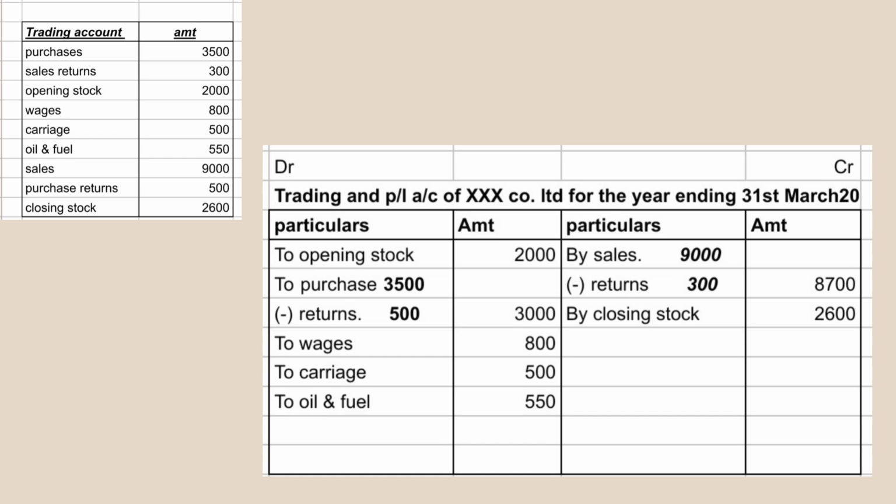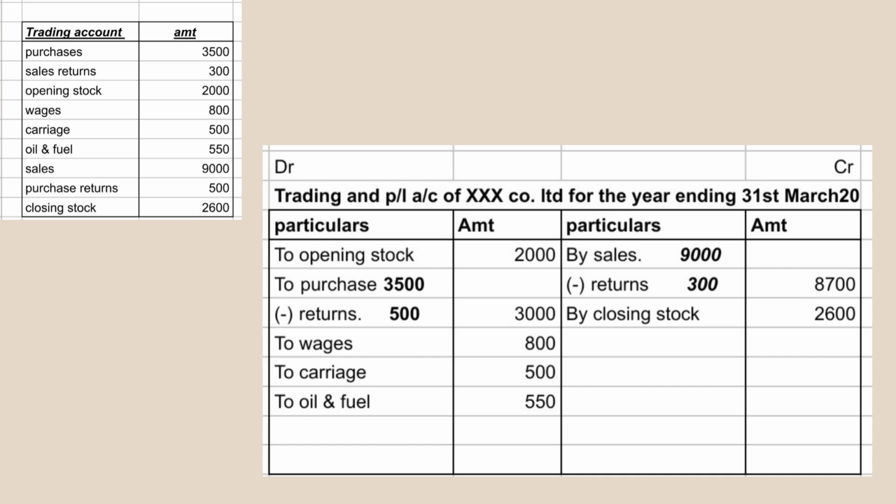And remember one thing, trading account and P&L account are prepared on one single page. Now let's see. We'll start the solution by writing opening stock. On the debit side we mention all 'to' items, and on the credit side we mention all 'by' items.